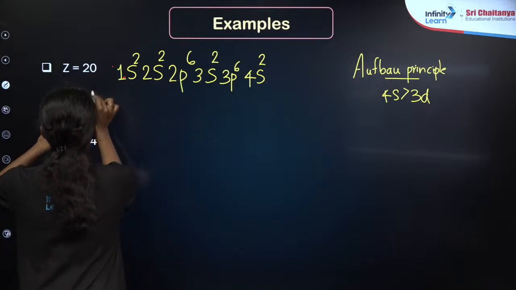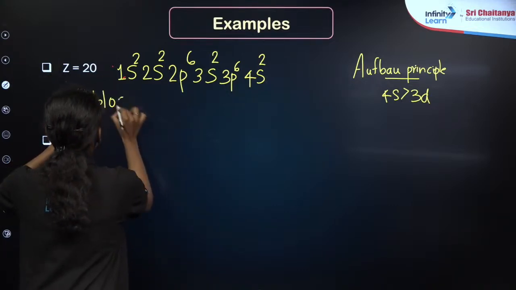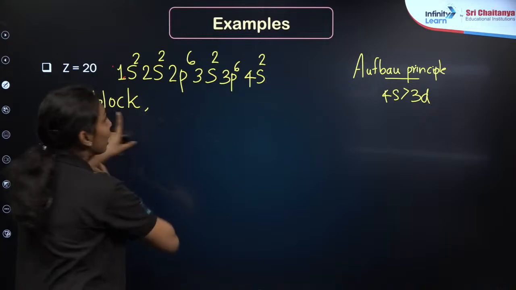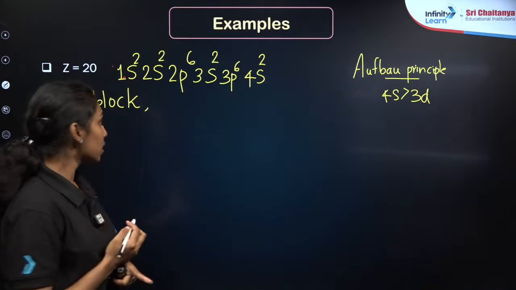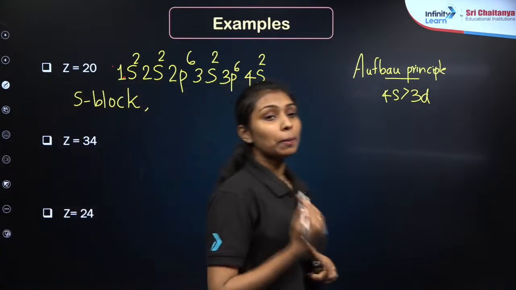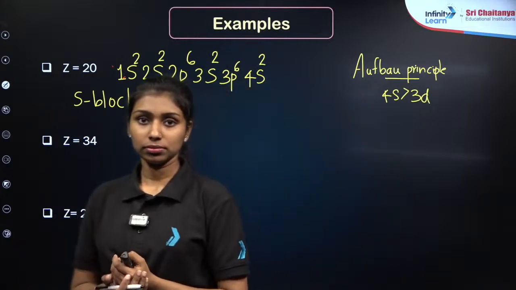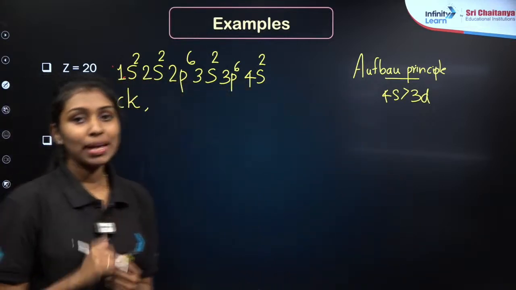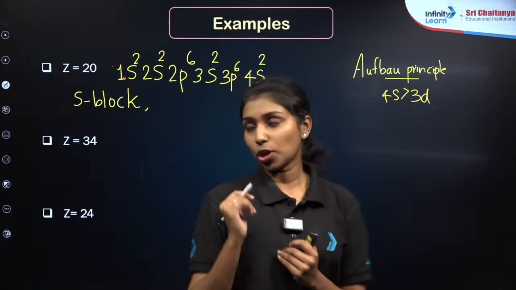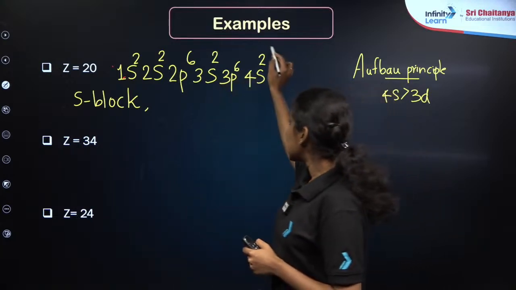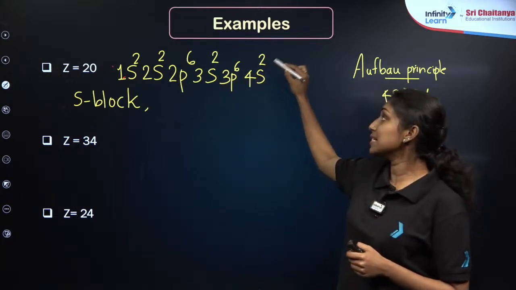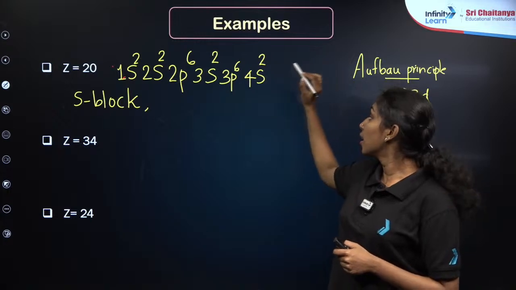right? S block element. Then, if we have an s block element, how can we find out the group number of that particular element? It is the same as the number of electrons present in the s orbital, right? Here you can see 4s2, which means 2 electrons present in the ns orbital.